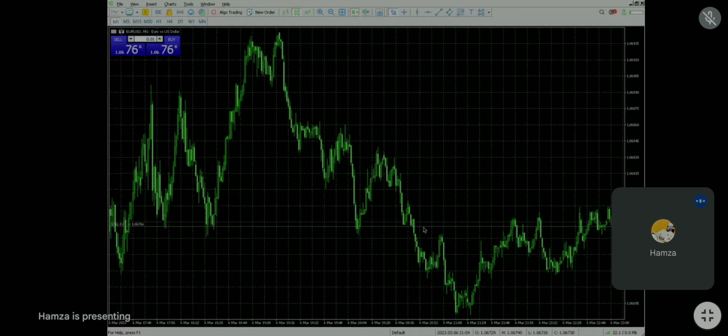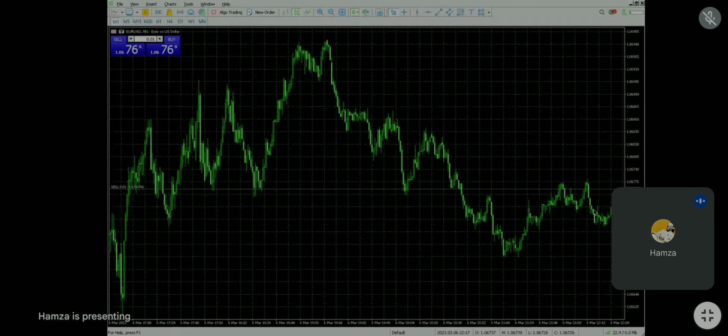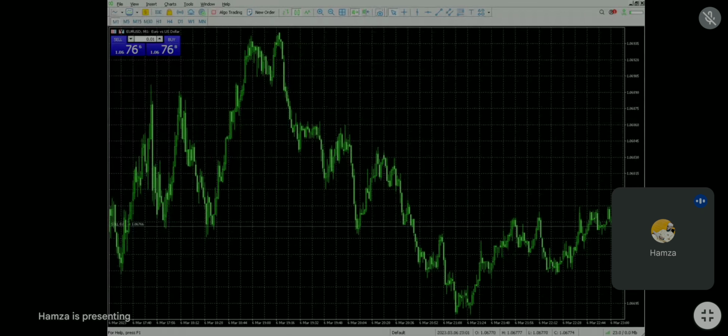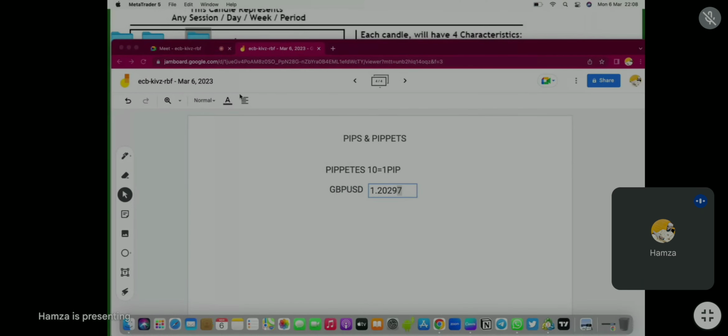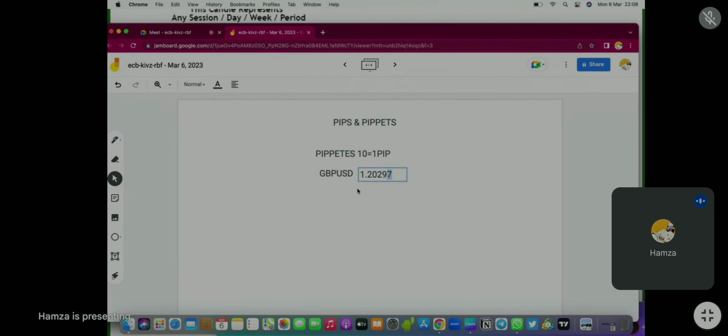Here is the line. This is where pricing is. Using this system would be very difficult, so maybe I need to use my phone. The day we go over this practical aspect, I'll have to use my phone. But please just understand that this is how the concept of pips and pipettes works.